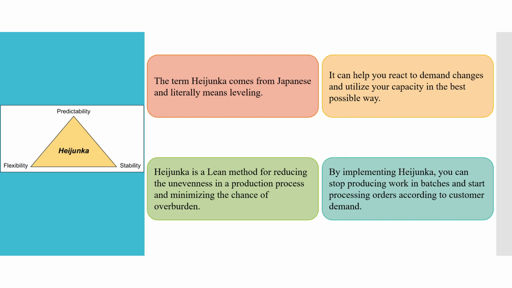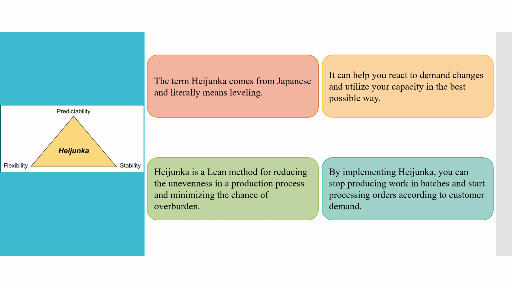By implementing Heijunka, you can stop producing work in batches and start producing orders according to the customer demand. If we see our traditional work culture, traditional manufacturing setup, it is produced in batches. All the pieces are being produced in batches.